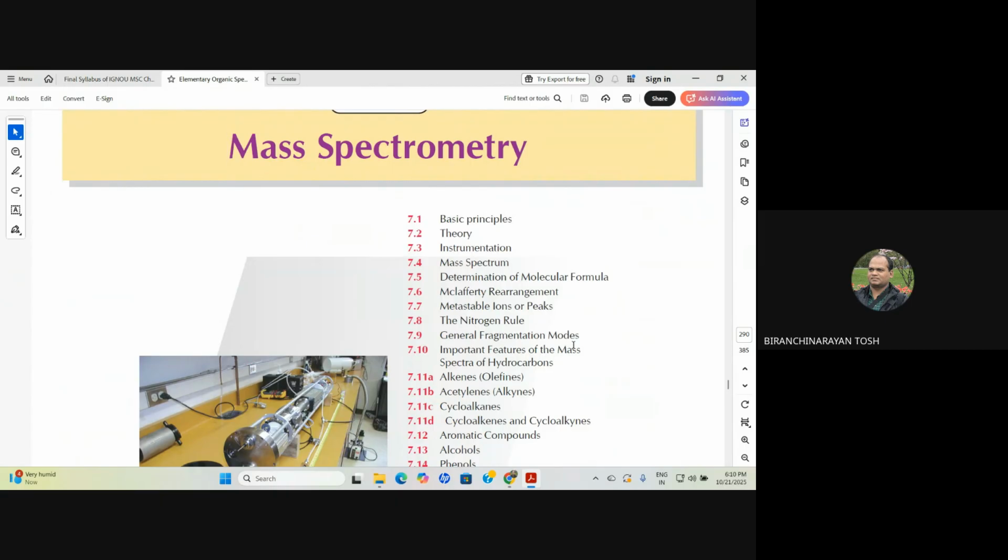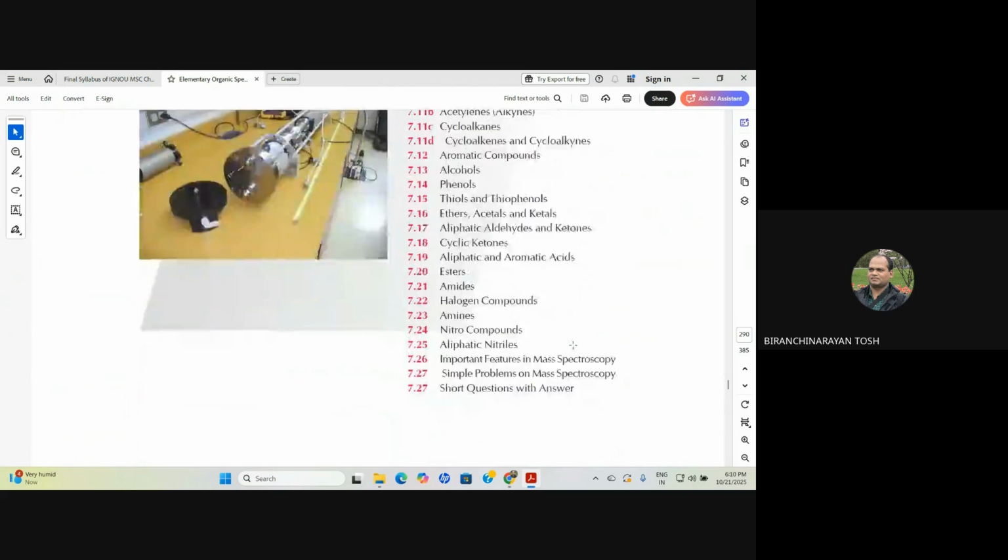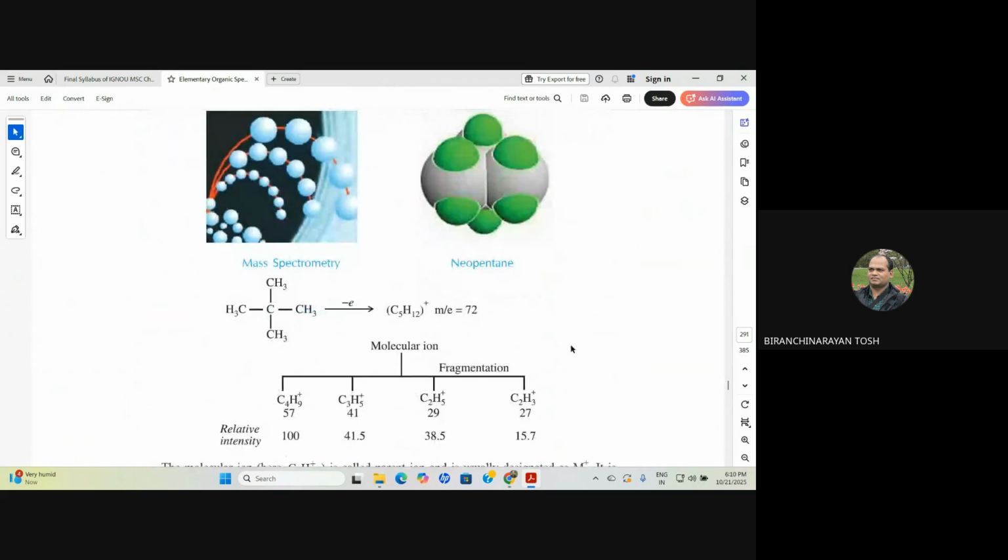So the basic principle in mass spectrometry is the most accurate method for determining the molecular mass of the compound and its elemental composition. In this technique, the molecules are bombarded with a beam of energetic electrons.